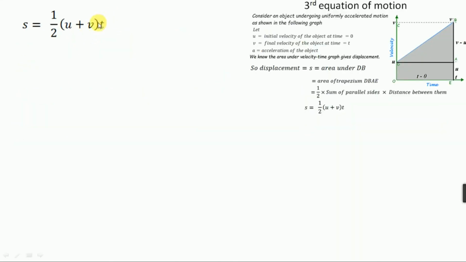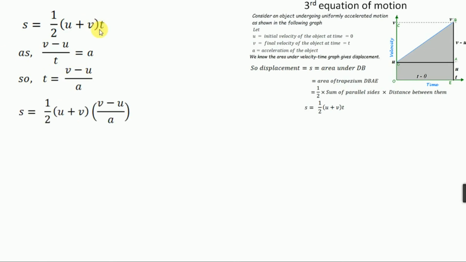Now we don't have time in the third equation, so instead of time we have to put something. Again we'll use the first equation of motion, and if you take this t this side and a down, you'll get t is equal to v minus u by a. So I'll put the value of t, and you will get this.